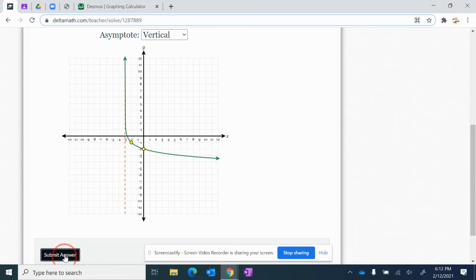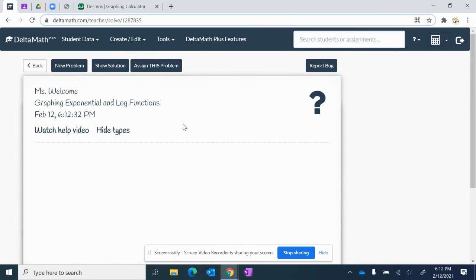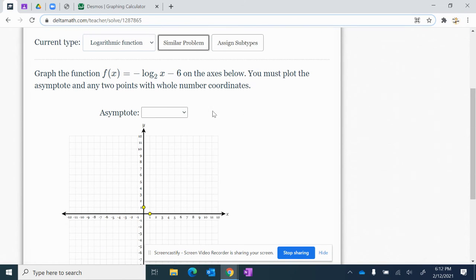Okay, and then I'll do one more example because I know some people were confused on problems that looked like this. So when there's no parentheses, that was a little bit confusing, and I'm sorry I didn't go over that in class. So there's no parentheses. This -6 is on the outside, so it's technically that k value. It's not that h value.